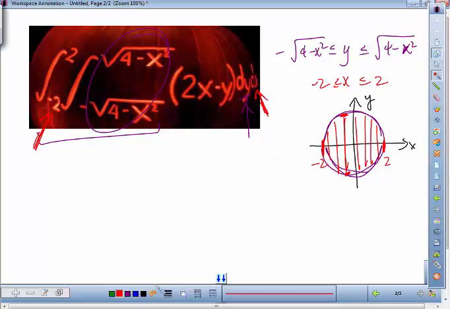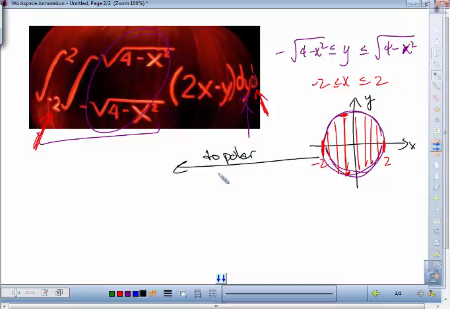So instead of doing that now, we pull back to polar. And then what we want to do is basically take a look at the region and see how we can describe this region in polar coordinates.